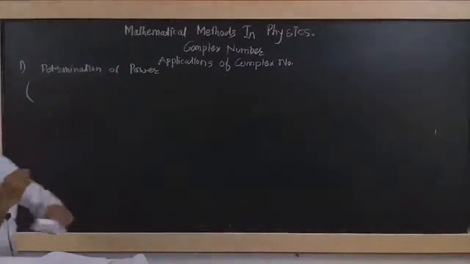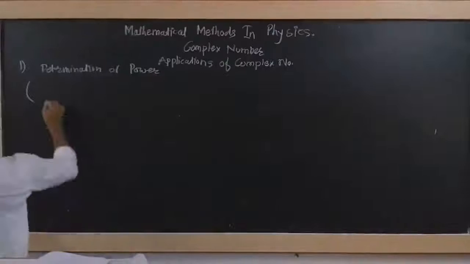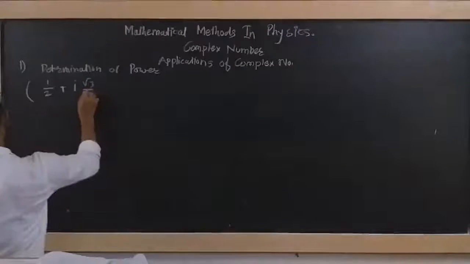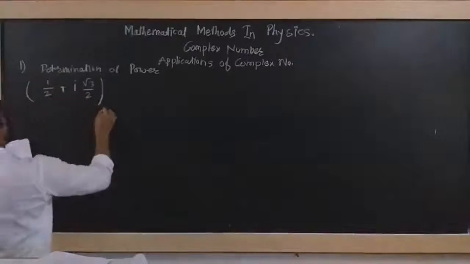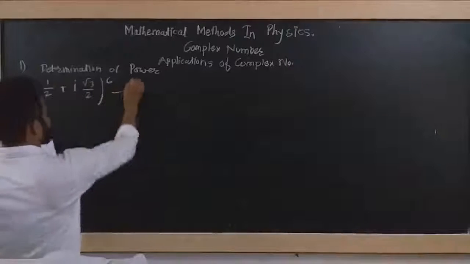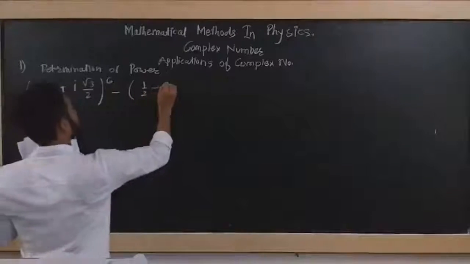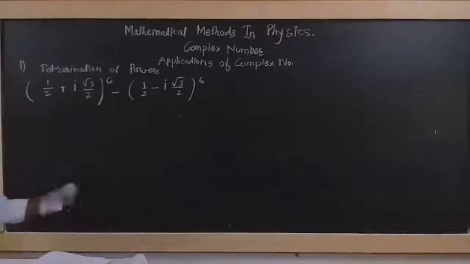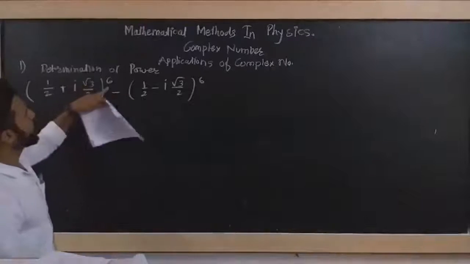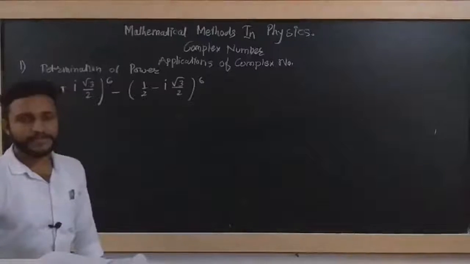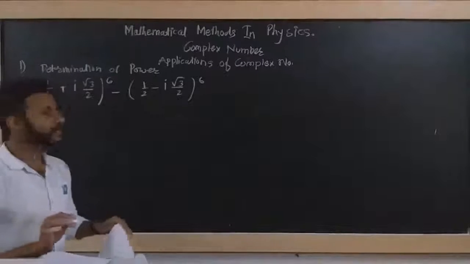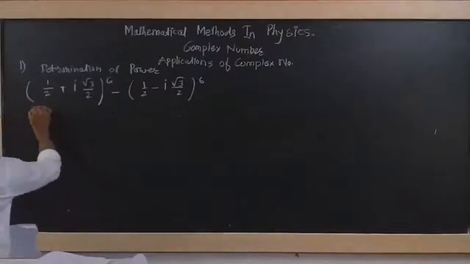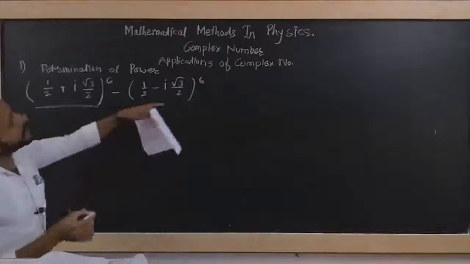The problem is (1 by 2 plus i root 3 by 2) raised to power 6 minus (1 by 2 minus i root 3 by 2) raised to power 6. You can try it. Whenever you want to find out the power of any given complex number, first transfer it into exponential form. For that we need to find out r and theta. So let's take this term and then after that we'll take the other term.